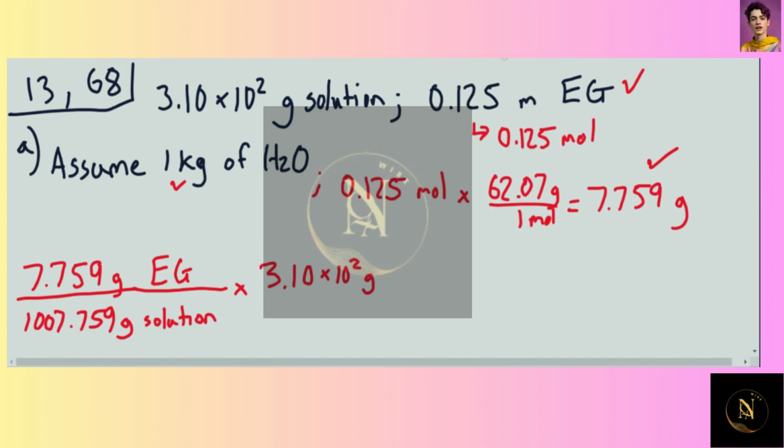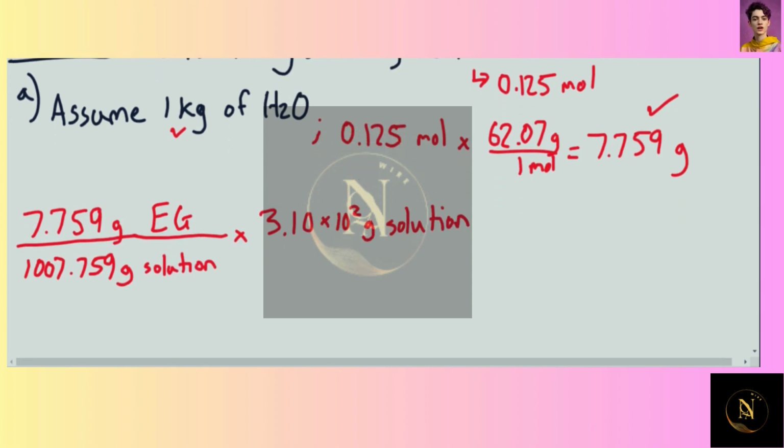So down here it will be of solution as well. So grams of solution cancels, and we're left at the end with grams of ethylene glycol, which is 2.39 grams.